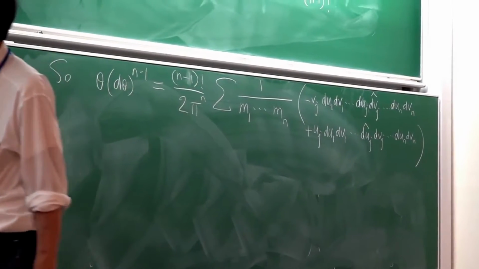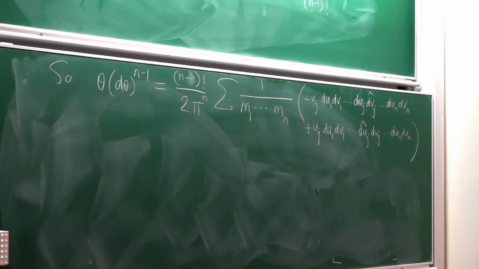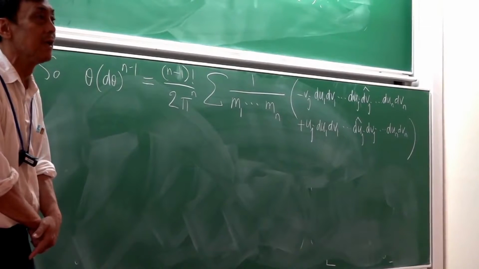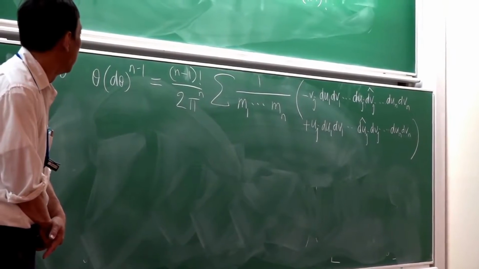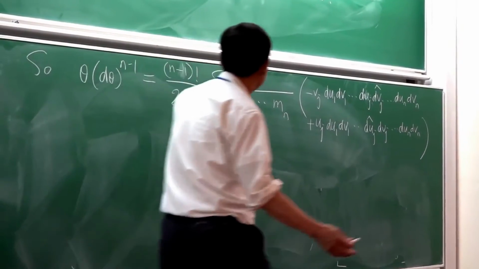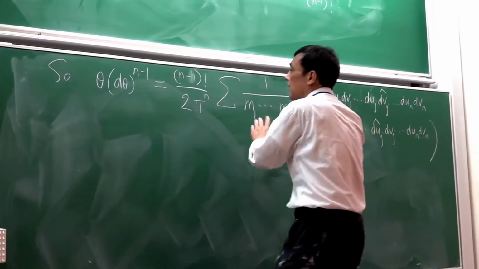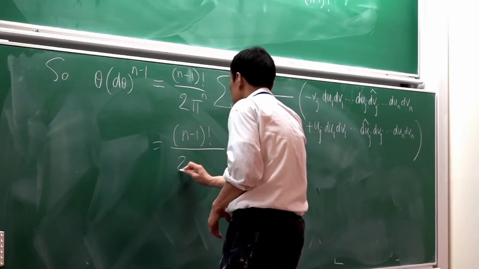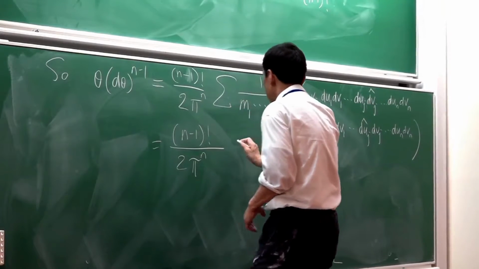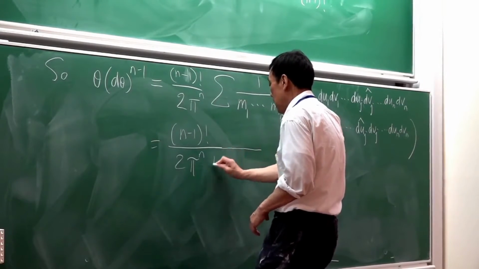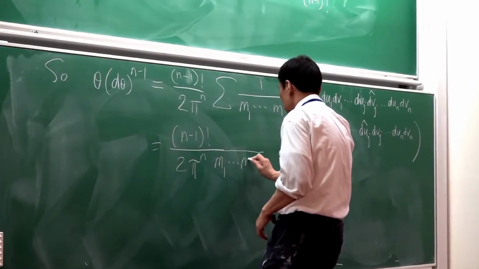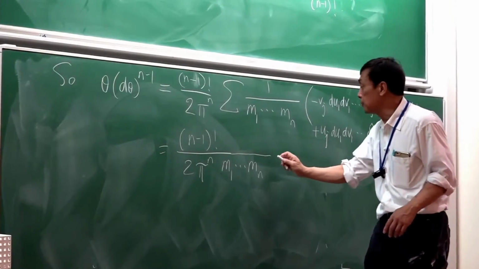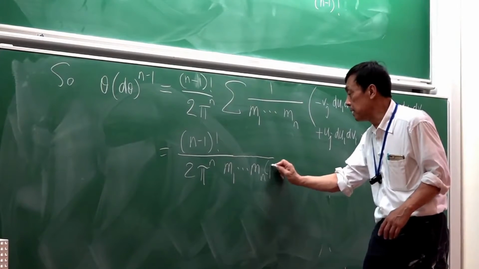Yeah, okay. So do you agree that I get that? Now, what is this? Well, I can take out the m1 to mn, okay? And these are the exponents evaluated at p.